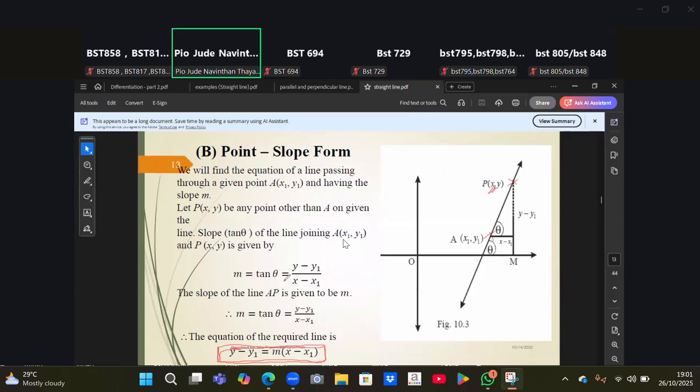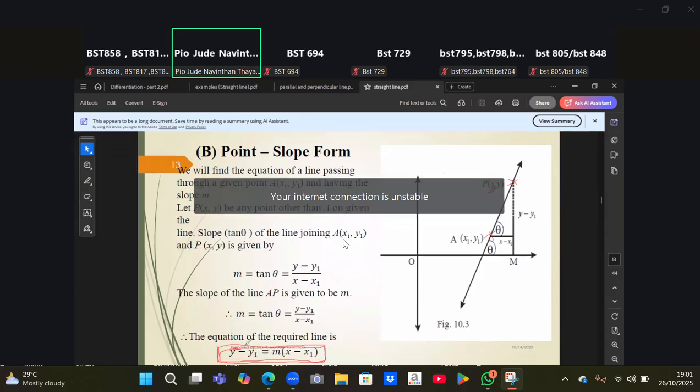This is the way how we derived it. If you keep this in your mind, the equation is y minus y1 is equal to m into x minus x1.